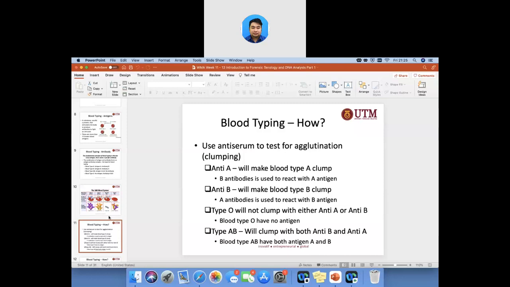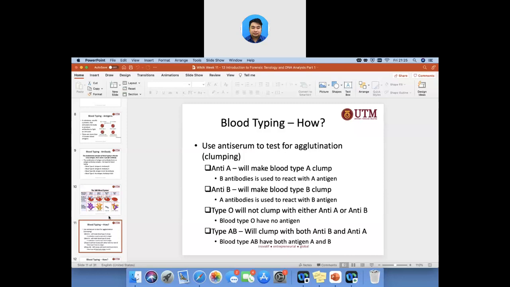That's how you would imagine it. So if, when you put anti-A, the blood agglutinates and clumps, it is blood type A. If you put anti-B and it agglutinates, then it is type B.